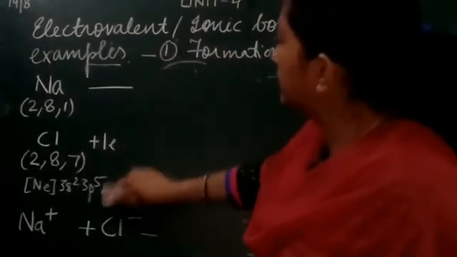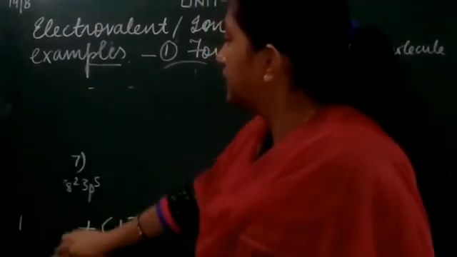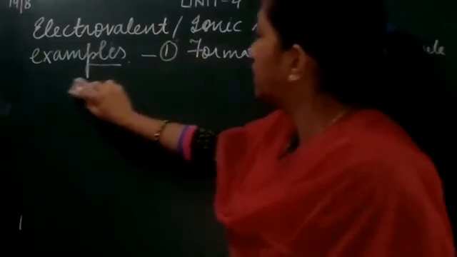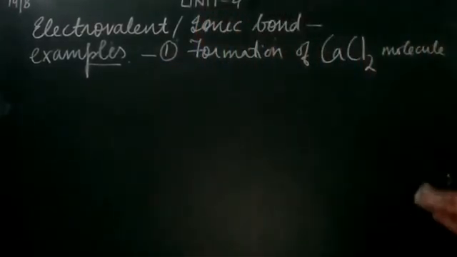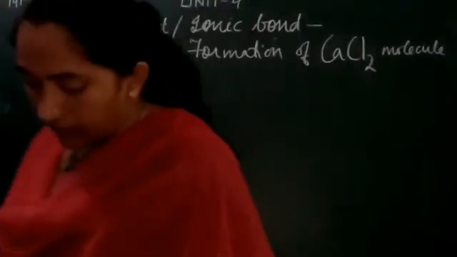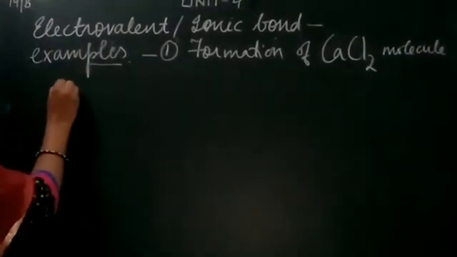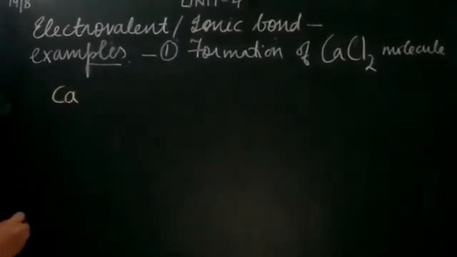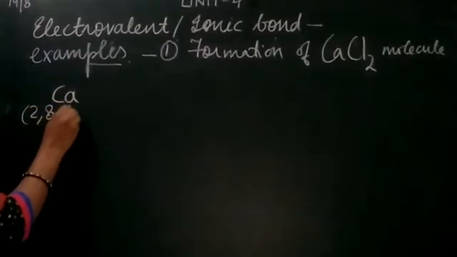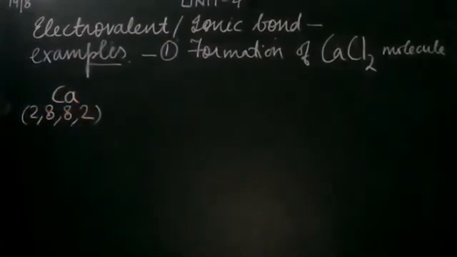So in that case, if it is CaCl2, here first we will write down the electronic configuration for calcium. Calcium is how much? It is 20, so it is 2, 8, 8, 2, right?